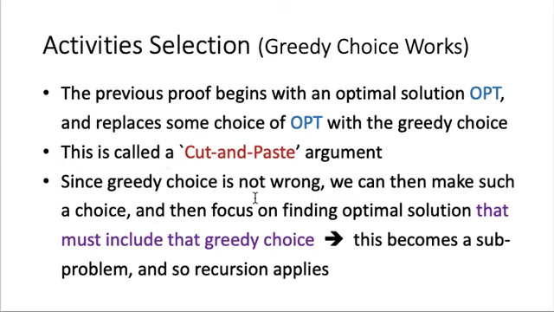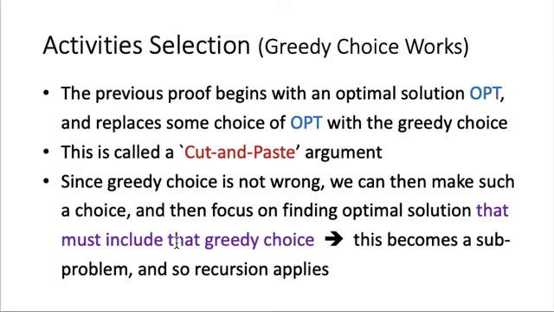Now, because the greedy choice is not wrong in such a case, it implies that we can make such a choice and then focus on finding an optimal solution that must include the greedy choice. So the greedy algorithm has this idea. The greedy choice is not wrong, so we make it and worry about things in the future, not at this moment. As long as we are not wrong, we make this choice.